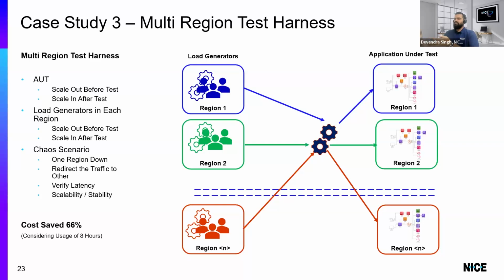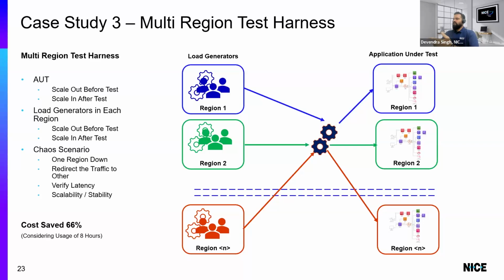But for the remaining 16 hours the system is kept up and running and they will not be utilizing it. So if we follow this approach, to scale up when we need and scale down when we do not require it, we will shut down the environment or scale down the application, shut down our LGs, shut down the infrastructure completely.